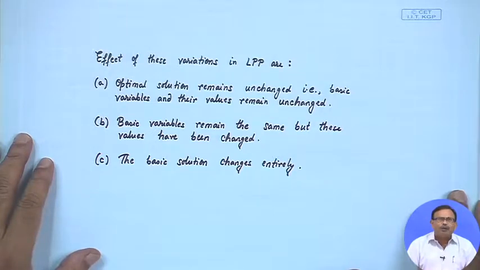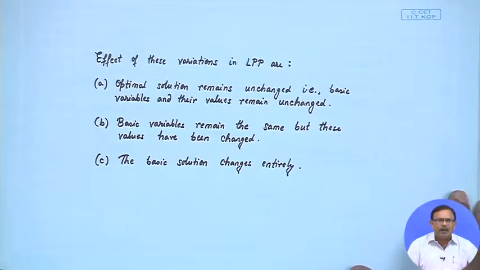The second point is that the basic variables remain the same, but their value may change, that is, in the final basis, whatever variables you got, after variation of the parameter the basis variables will remain the same, but their values may change. And the third point is that the basic solution may change entirely, that is, you may get a completely new solution.